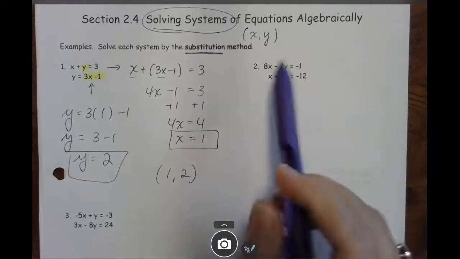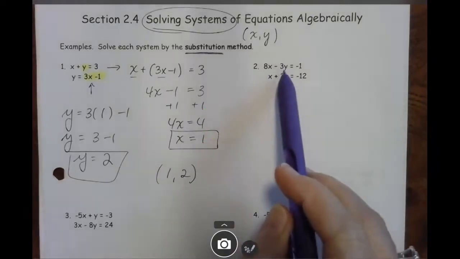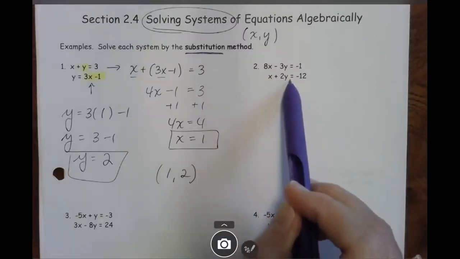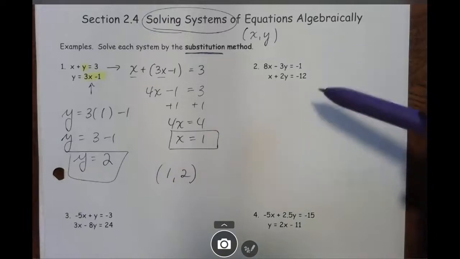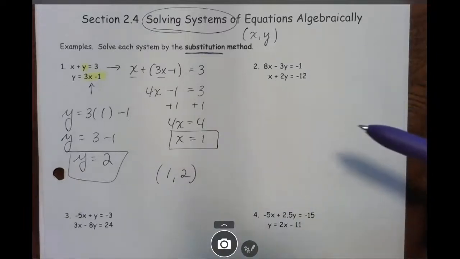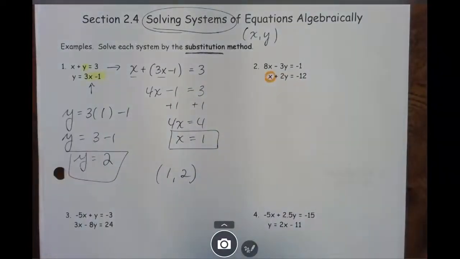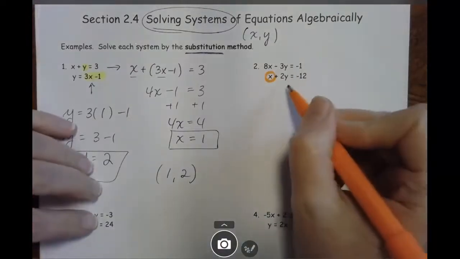Let's do the next one. xy minus 8x minus 3y equals negative 1. x plus 2y equals negative 12. Now in this one, we do not have an equation that has been solved for a variable. So we need to pick which one appears to be simpler. It appears to me that we can get that x by itself very quickly in just one move.